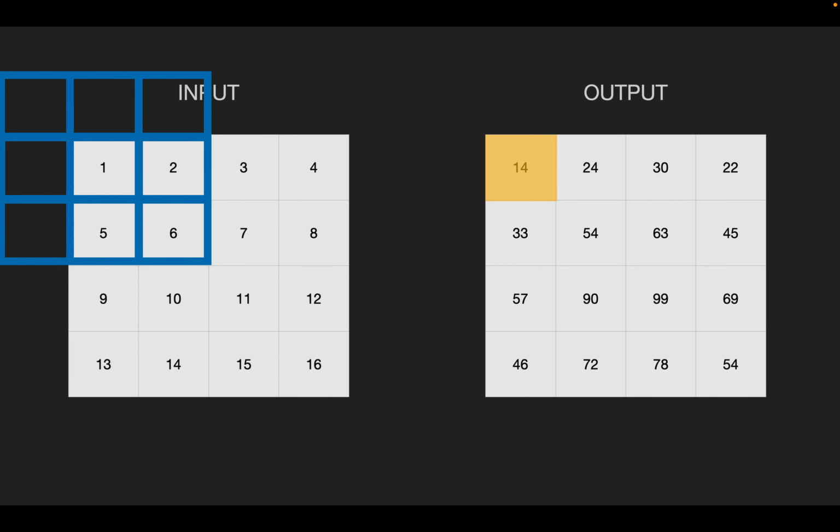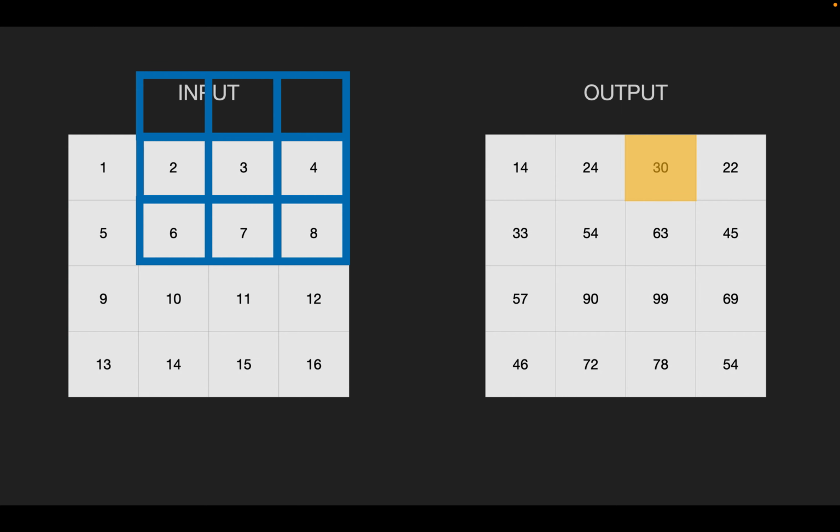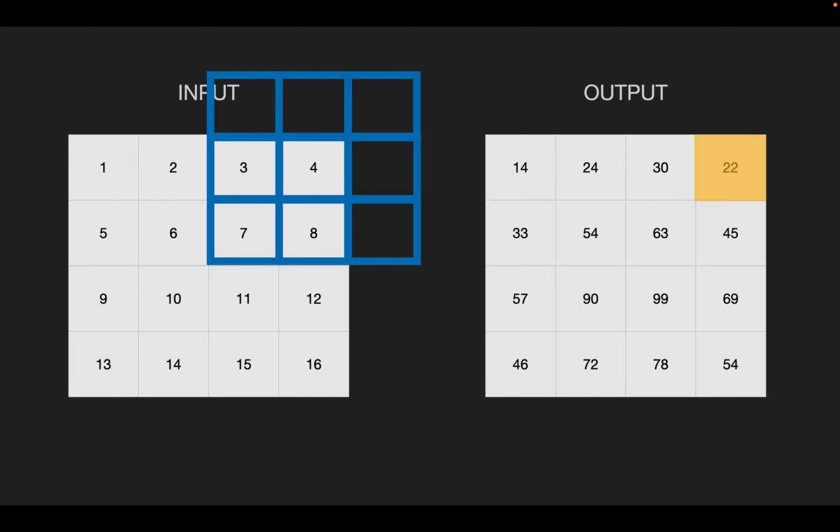And when we go to compute the next one, we're going to look at another region of the input that is symmetrically the same, but slid over by 1. So here 1 plus 2 plus 3 plus 5 plus 6 plus 7 is 24. I'm going to let the animation play out so you can get a feel for what's going on.